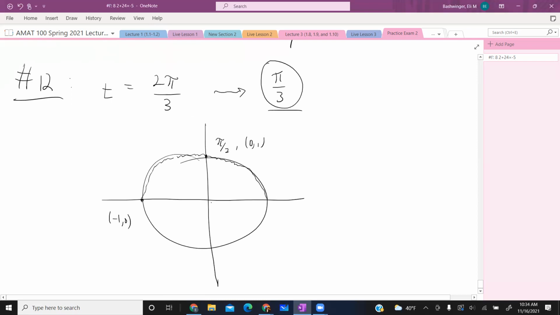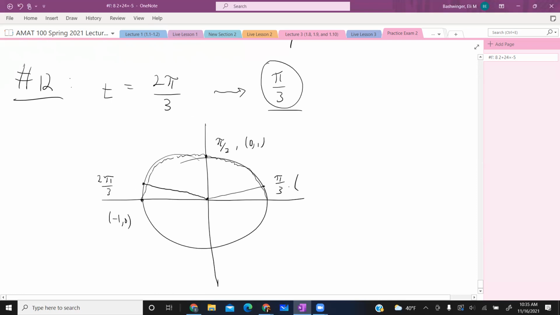So you end up landing about here. So pi over 3 corresponds to this point, but then pi over 2 corresponds to this, maybe 2/3 pi, I should say. 2/3 pi corresponds to this.